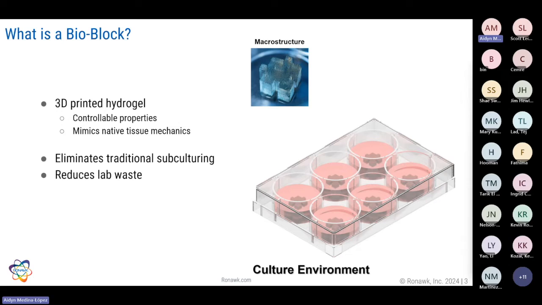Some examples of this: normally in tissue culture, you will need visual confirmation of confluency in order to passage the cells and, of course, expand that cell culture.